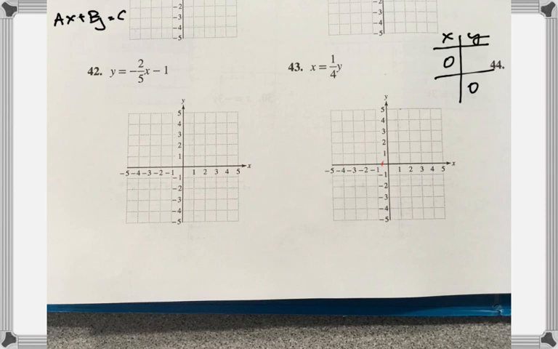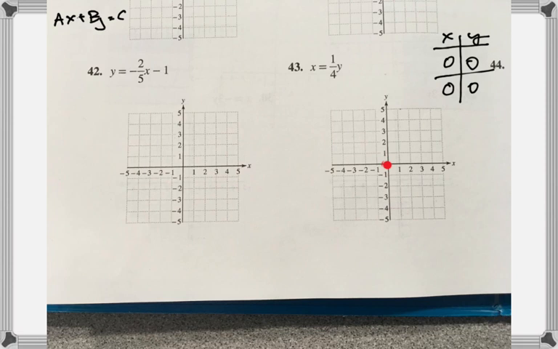If you plug in 0 for x, what is y? 0. If you plug in 0 for y, what is x? 0. So now what? We got 1 point. We can't graph a line based on 1 point. The x and y intercept is 0, 0.